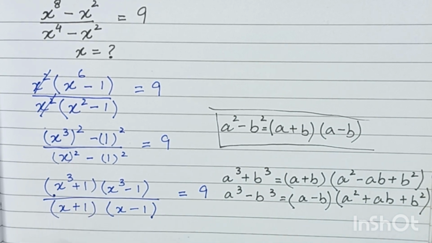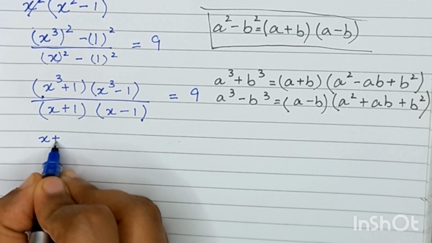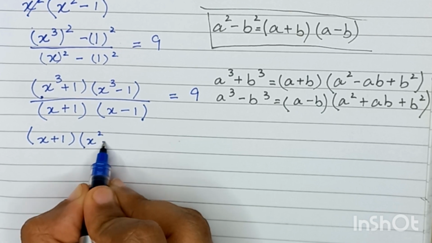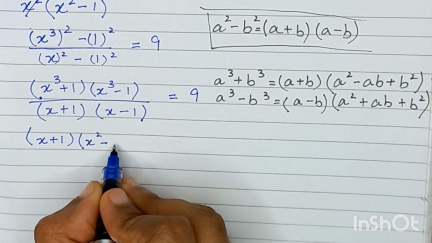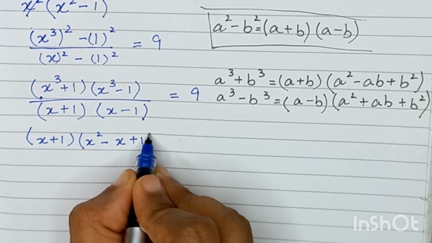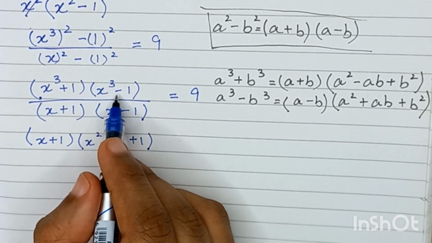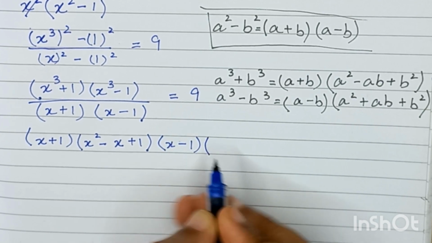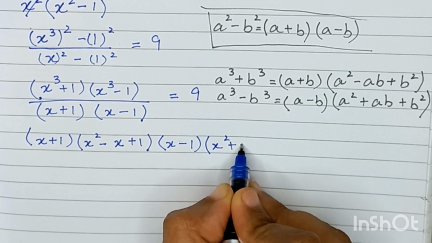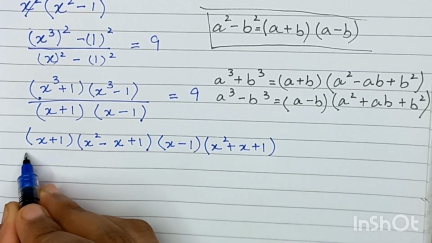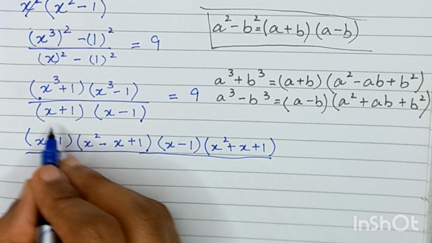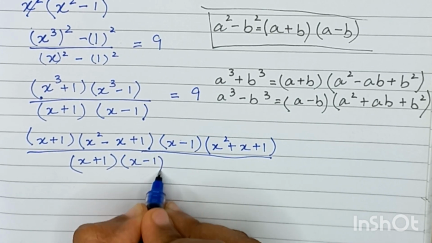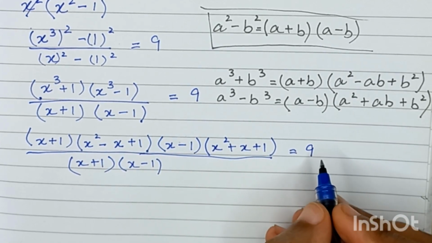So it will become (x + 1)(x^2 - x + 1), and a^3 minus b^3 will be (x - 1)(x^2 + x + 1), divided by (x + 1)(x - 1), and it is equal to 9.